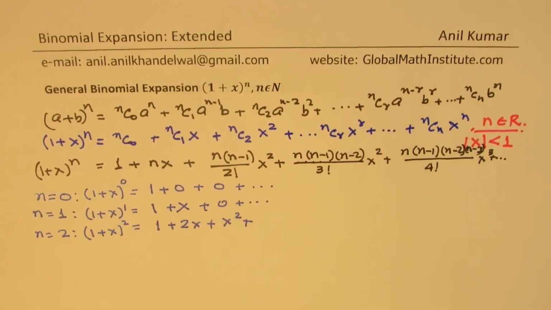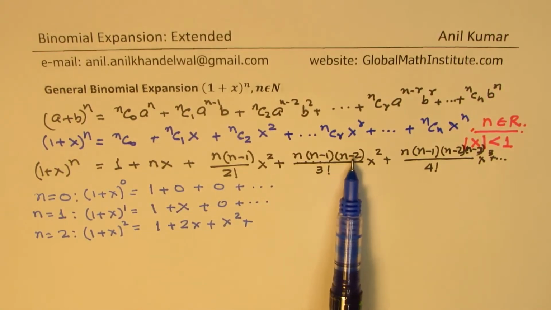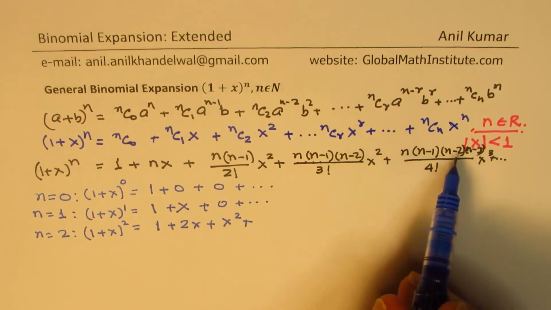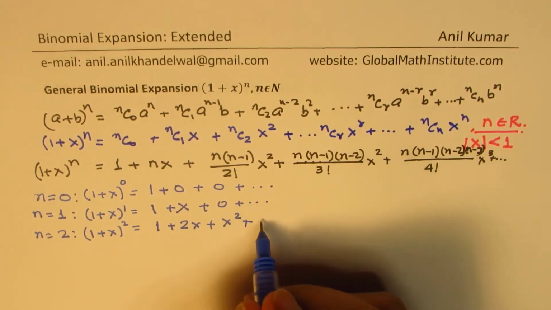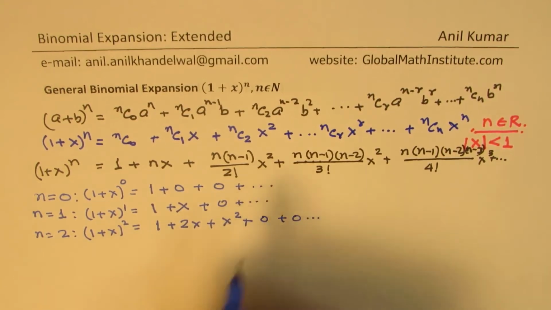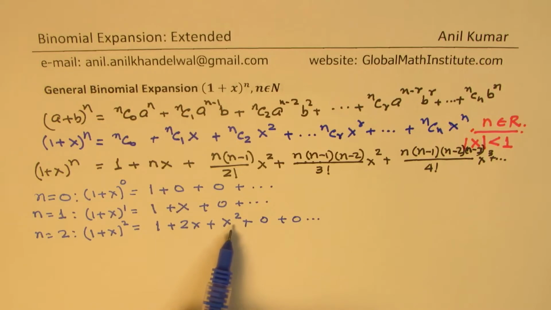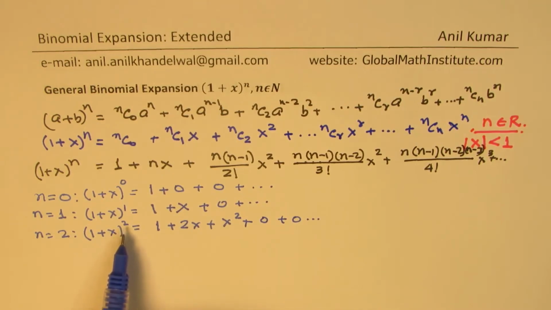If I continue this series with n equal to 2, then 2 minus 2 is 0, and therefore all the later terms will have the factor n minus 2, so all those terms will be 0. So although it is an infinite series, there will be only 3 terms when the exponent is 2.